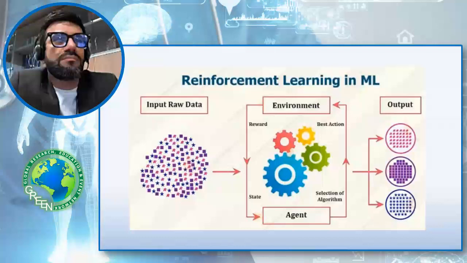The output is depicted as different clusters, as you can see, or patterns representing the learned knowledge or the decision. Overall, we can say that this diagram represents a cyclic process where the agent continually interacts with the environment, learns from the feedback, and improves its decision-making policy to achieve optimal performance.